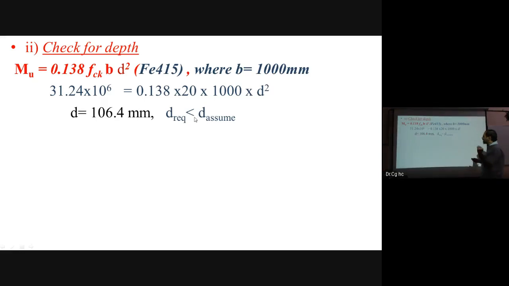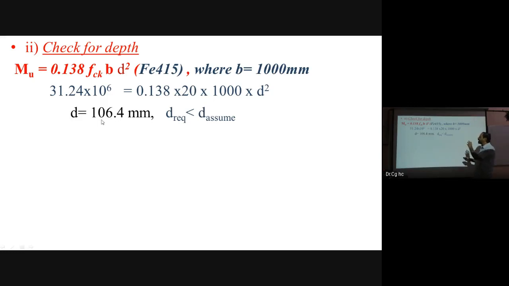We have already assumed 160 millimeter. Therefore our design is safe. To resist this moment, we need the depth of 106.4 millimeter, that is the required D. It is required; anything less than this will not do, isn't it?